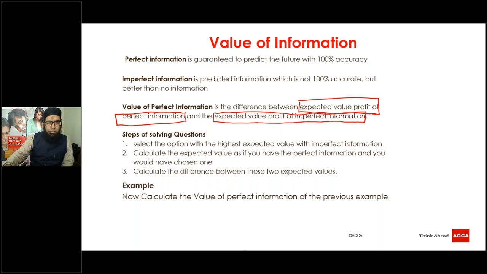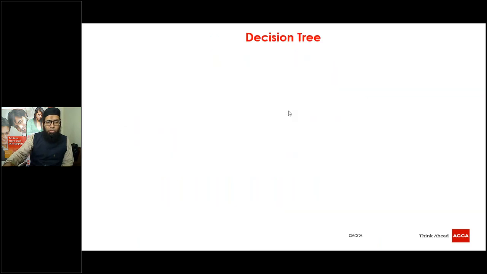So we have already done that example. Let's move on to the other topic, and that is the decision tree. Sometimes, in the calculation of expected value, there are possibilities and then there are further possibilities to that.